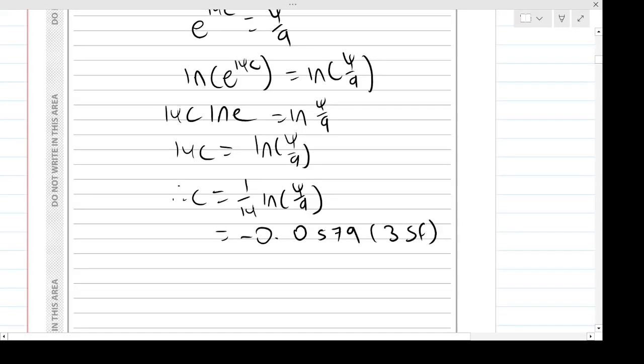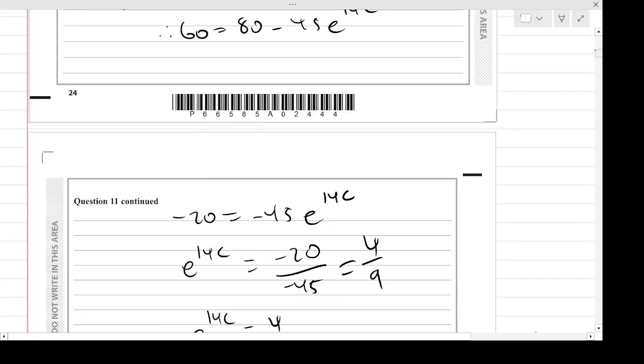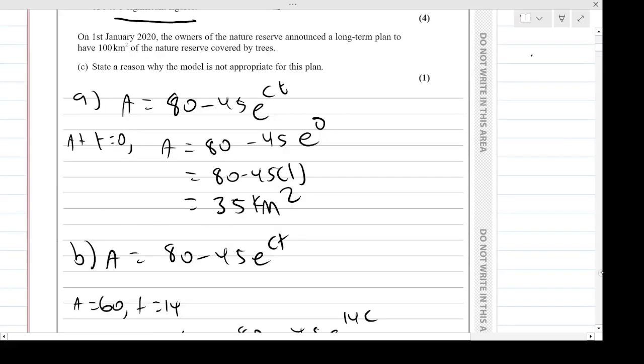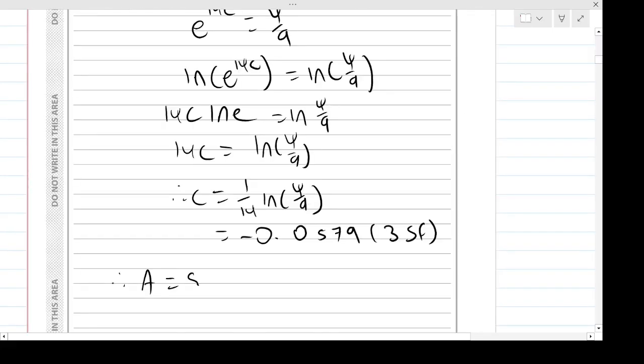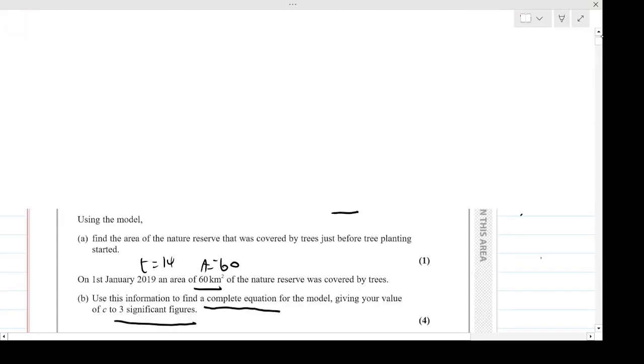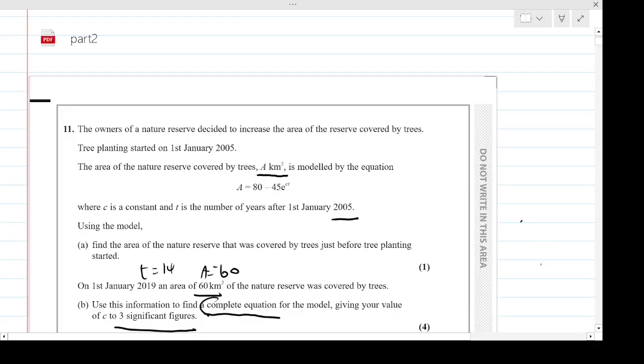So my final full model is A is 80 take away 45 e to the minus 0.0579t. Make sure you restate the model at the very end here with the value of c included. You might lose a mark because it says to find a complete equation. So once you've found c, you need to state the equation again with all the values written down.